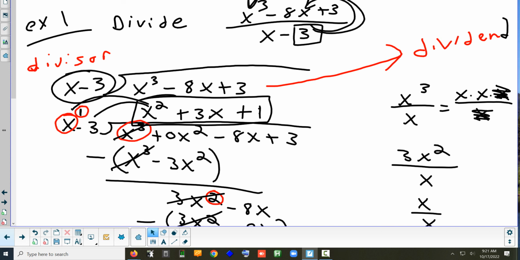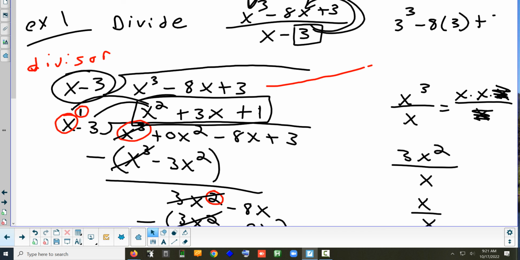Right. Let's try it. Take the number that's after the minus sign, which is 3, and fill it in for x. So 3 cubed minus 8 times 3 plus 3. What's 3 cubed?